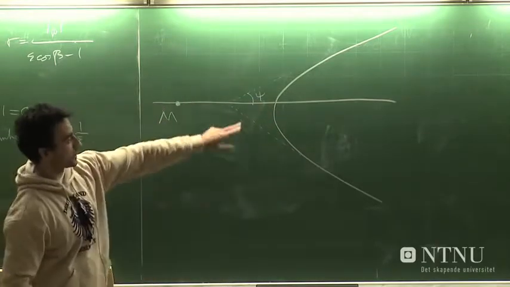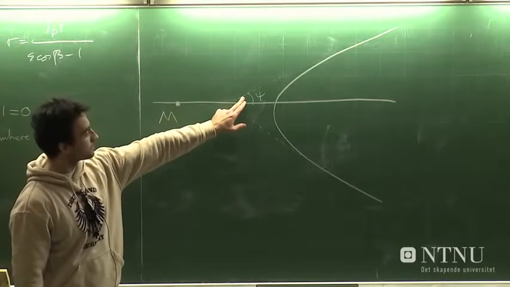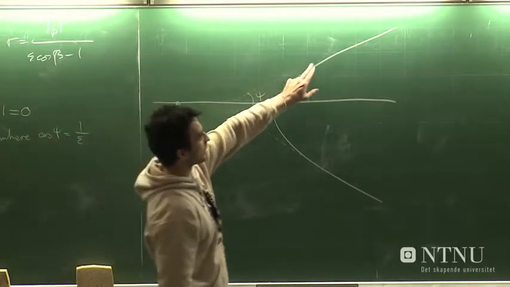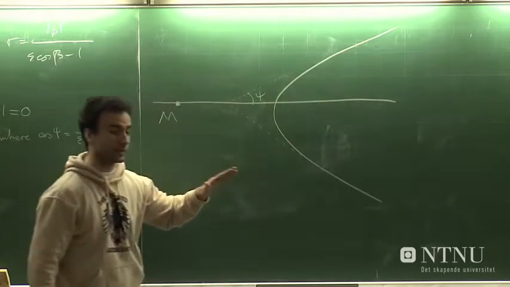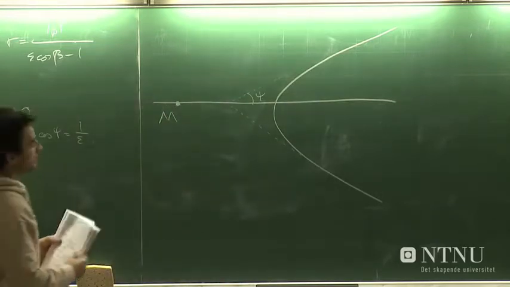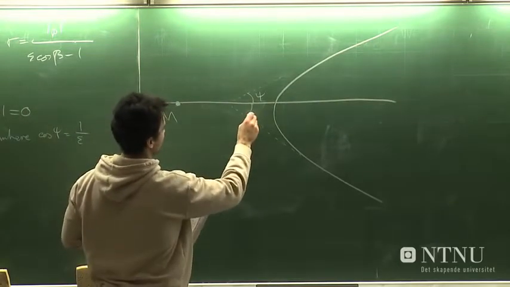Then psi should be given here. It's the angle characterizing the trajectory as r goes to infinity. And similarly here.